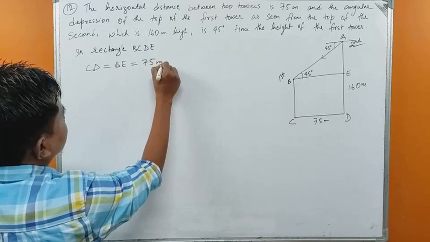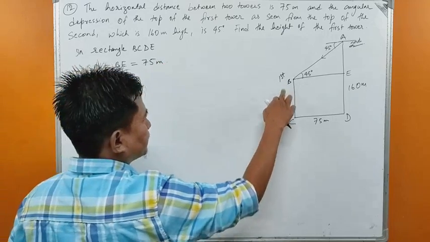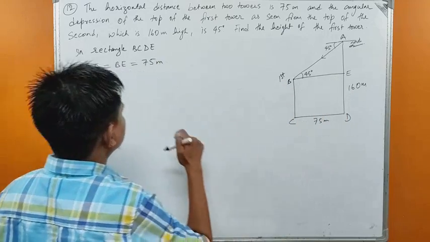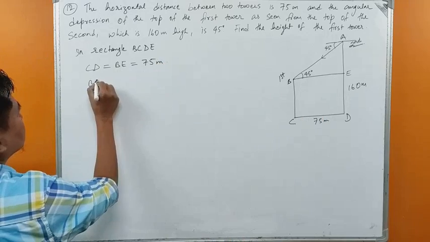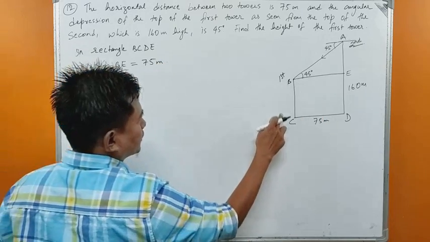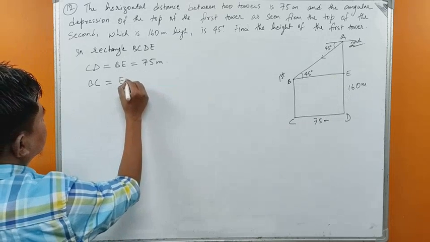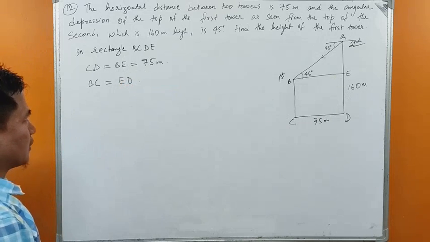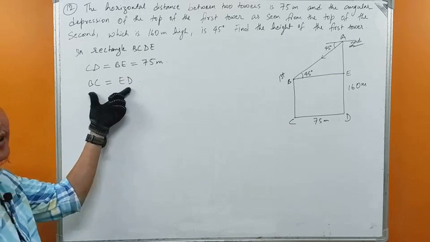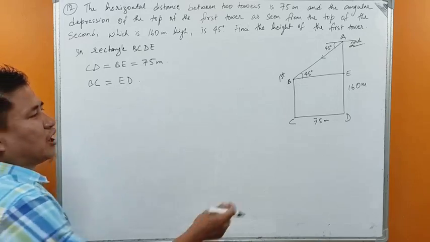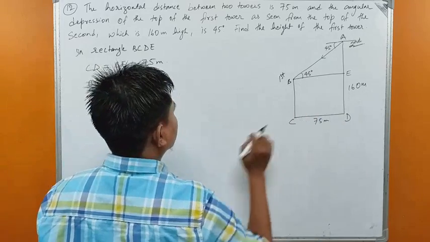And BC and ED are also equal. Opposite sides BC and ED are equal. This is the property of a rectangle: opposite sides are equal.